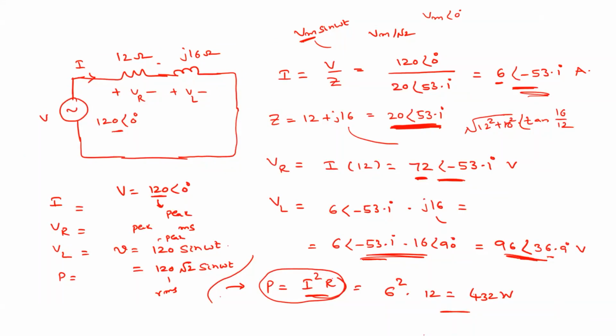In division, it will be subtracted. That is minus 53, so minus 53 plus 90. Okay, got it, minus 53.1 plus 90, so that will be 36.9.